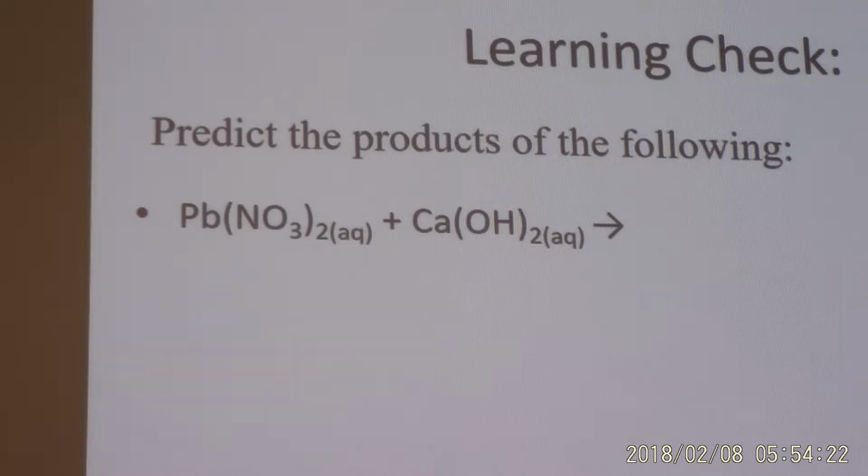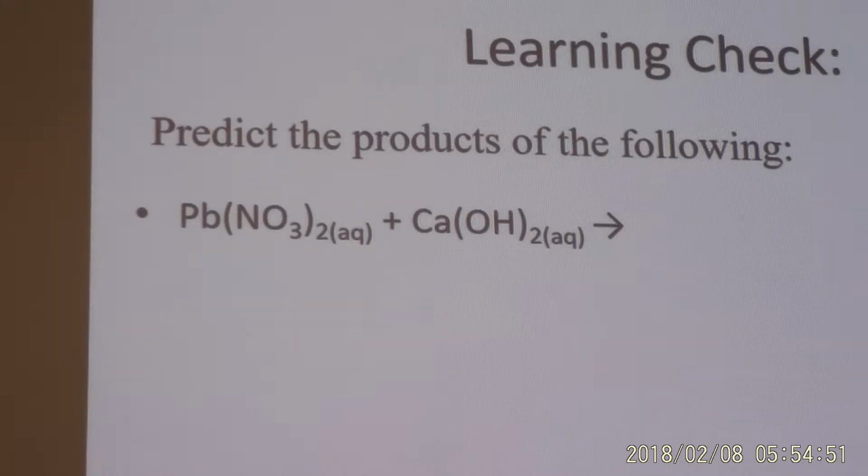So the lead must be what in this case? 2+. Because it's 2+, it's going to need 2 of those hydroxides. And when this breaks down, it results in 2 there. And this one needs to be fixed as well, right? You getting it? Yeah.